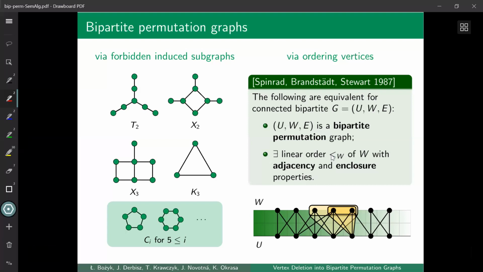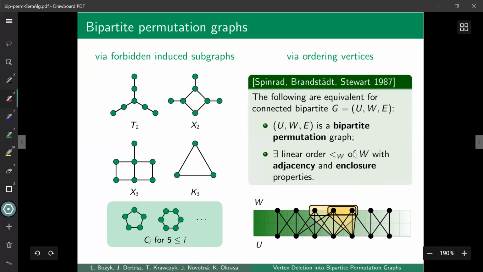So they are together and shifted. If they are included in one another, then one is shifted from only one side. And the same holds from bottom to top. So these enclosure and adjacency properties are here, and bipartite permutation graphs are embeddable in these strips of paper.